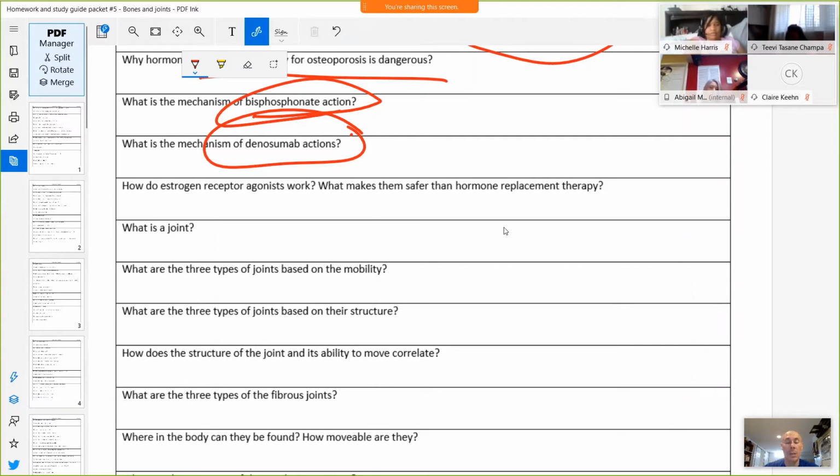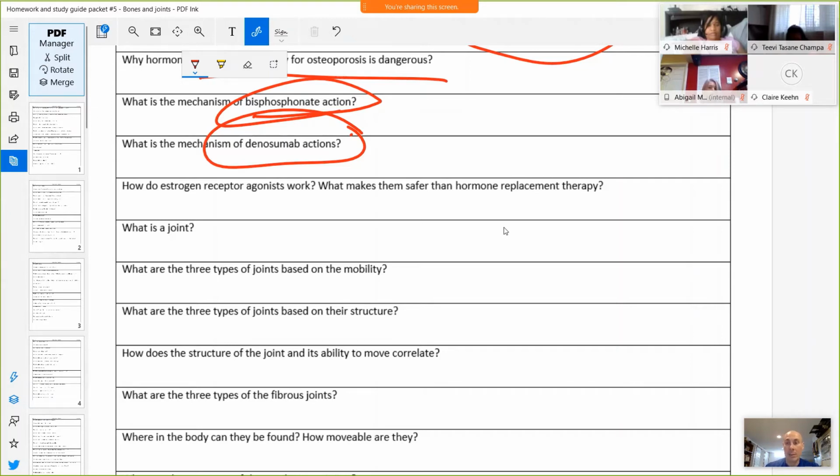So it's a selective way to stimulate the deposition of calcium in the bones without exposing the patient to the risk of developing uterine cancer or breast cancer or ovarian cancer for that matter.